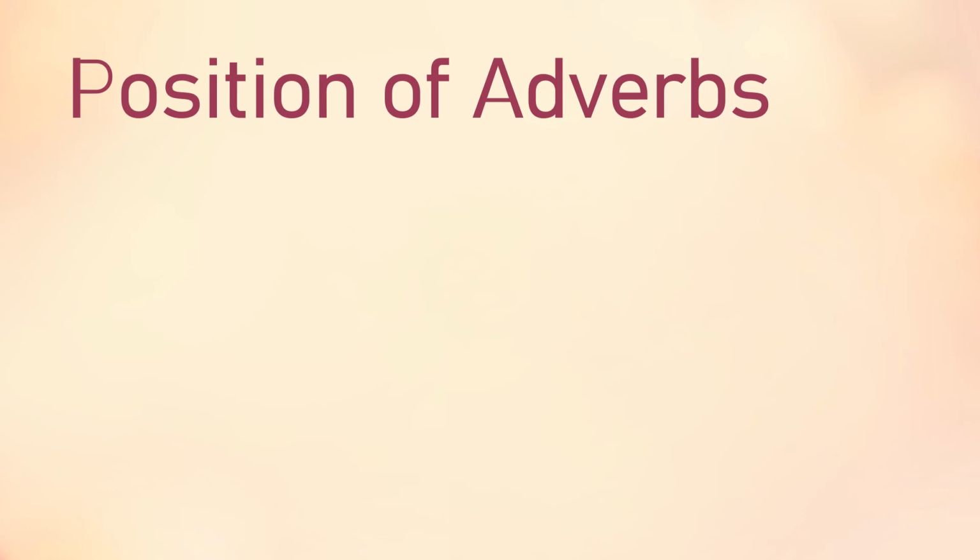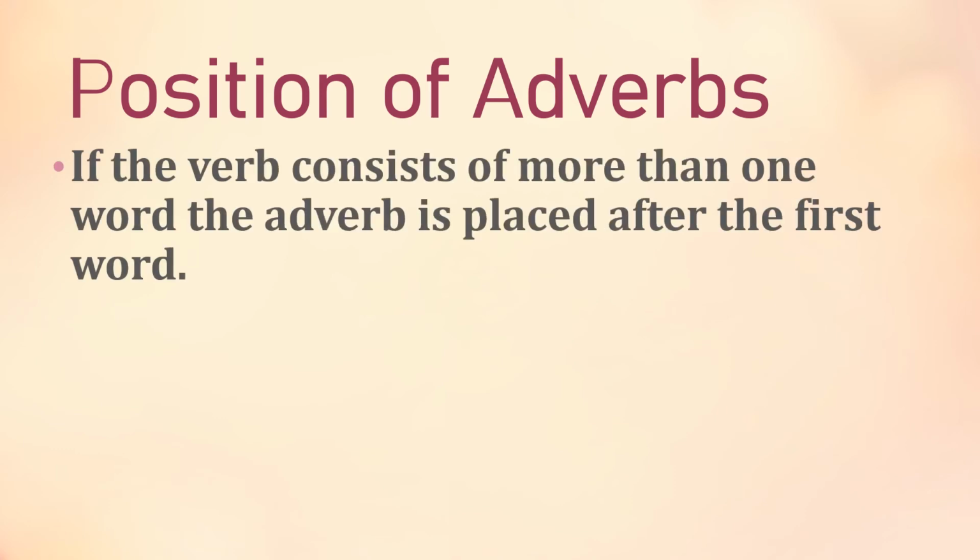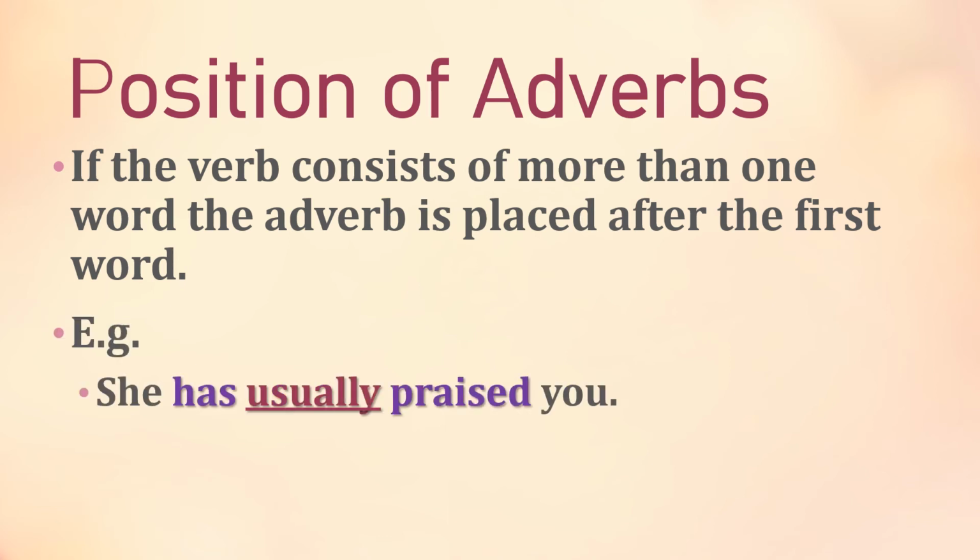Point number 6. If the verb consists of more than one word in the sentence, then you will put the adverb right after the first word. That means if your verb has two words, you will first write the first word, followed by the adverb, and then you will use the second word of the verb. Let us understand this better with the help of an example.